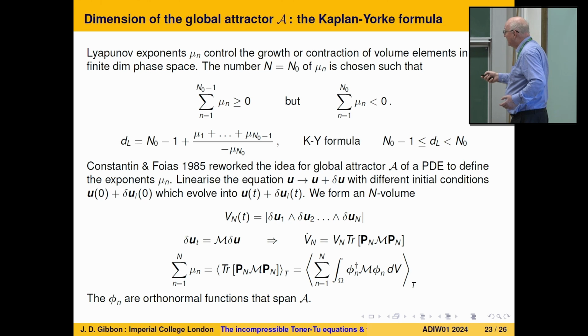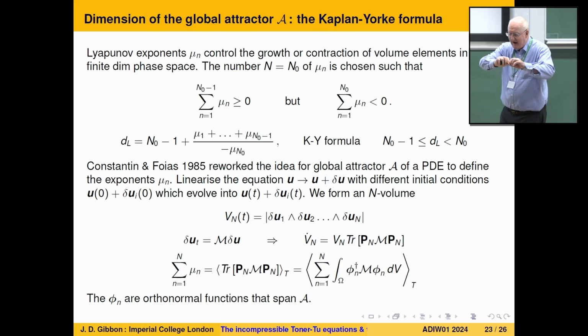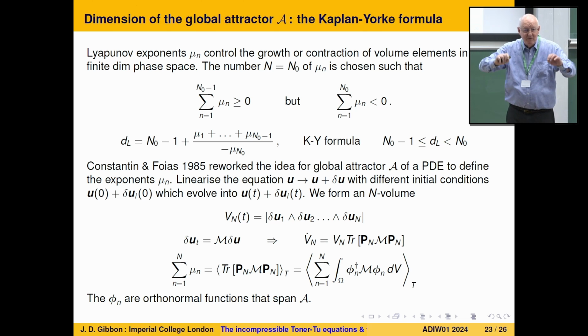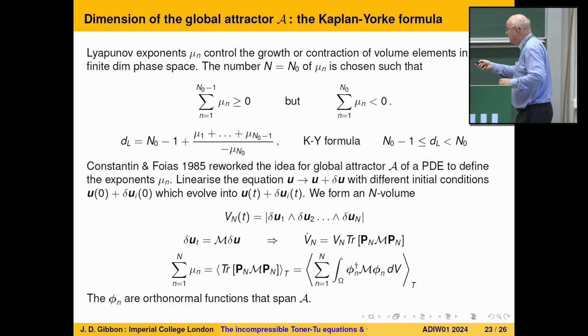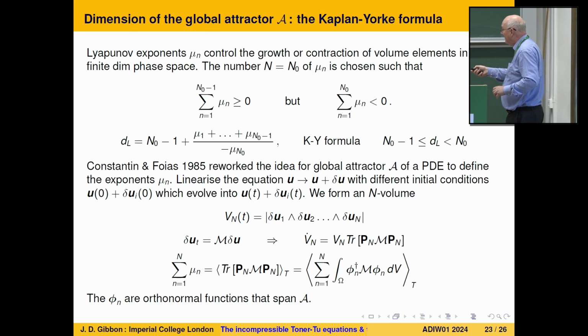It's a projection of taking the M onto, now your attractor, you're in L2, you can then say that your global attractor is spanned by a set of orthonormal functions. And you project onto those orthonormal functions here. And that's really just what that trace there means.